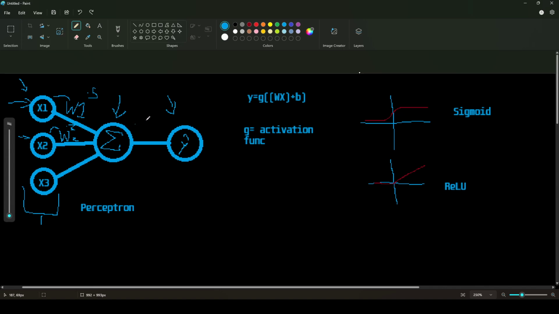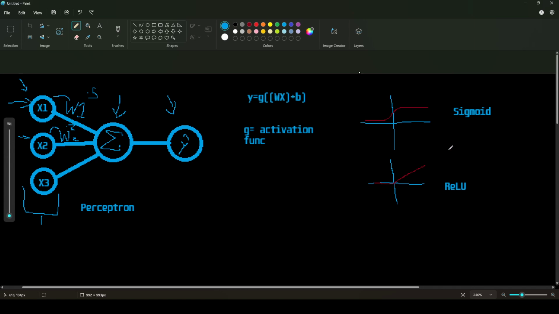And then after that, it gets thrown into an activation function, which is this g here. I just said g equals activation function. There are a couple common types. Sigmoid is a common type. What it does is take whatever input you give it and shove it between 0 and 1.